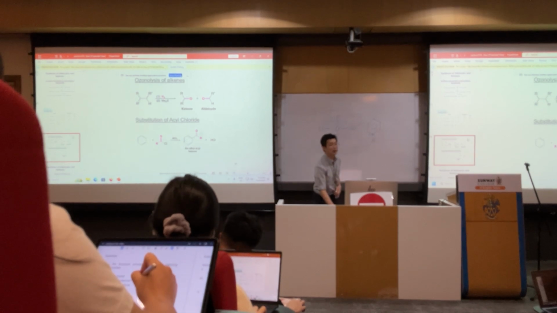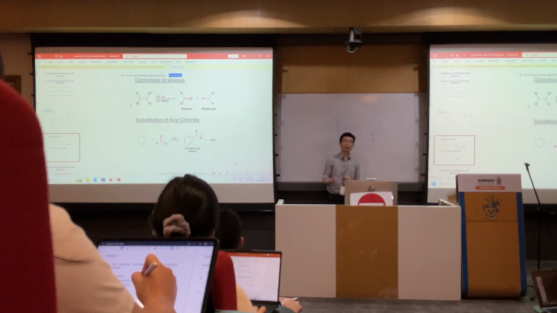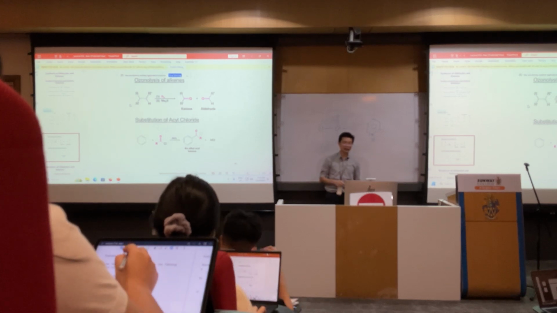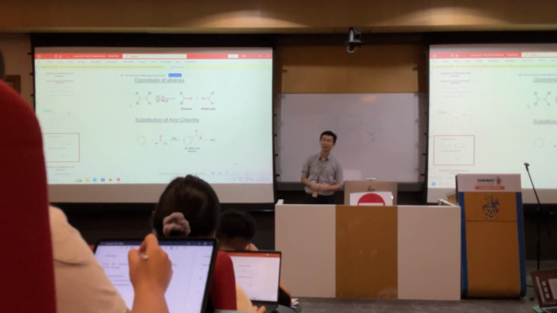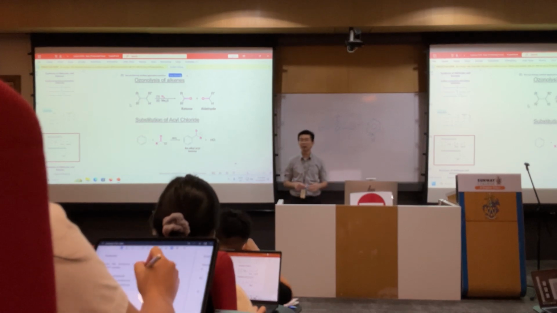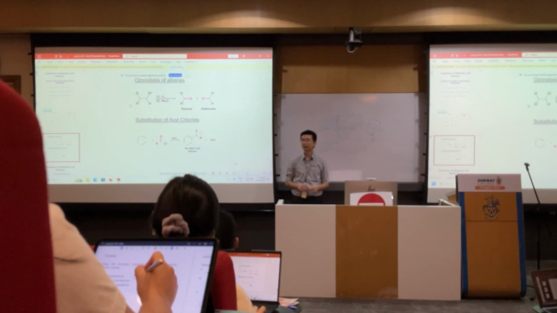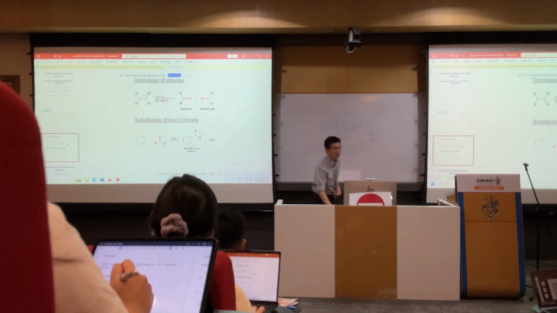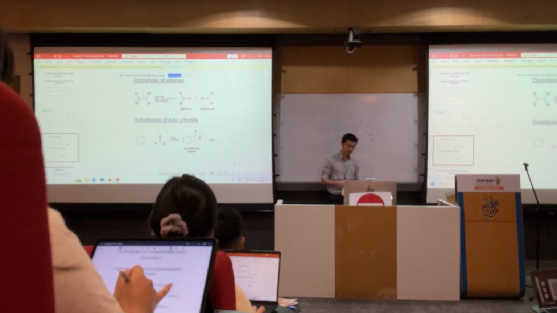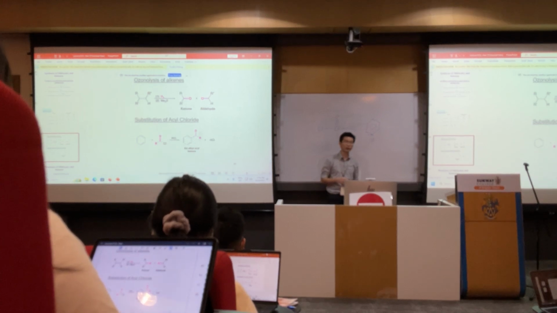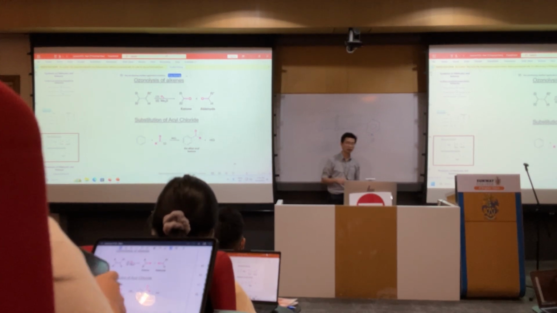So besides oxidation, we can obtain carbonyl compounds by the ozonolysis of alkenes. So do you still recall this reaction in alkene? So for ozonolysis, you react with ozone, basically a free oxygen molecule.